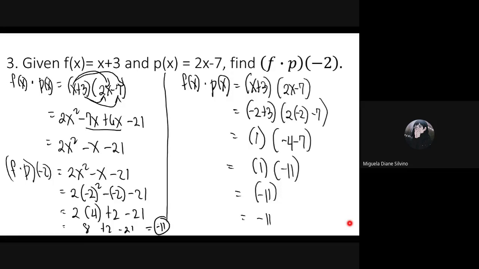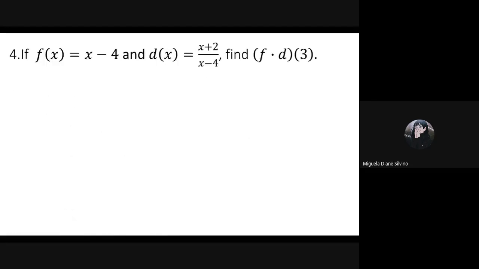Let's have the fourth example. Find f multiplied by d of 3 when f of x is x minus 4 and d of x is x plus 2 over x minus 4.